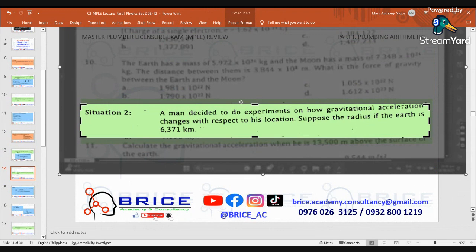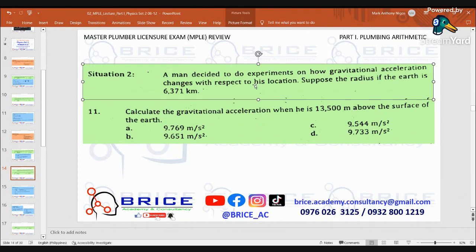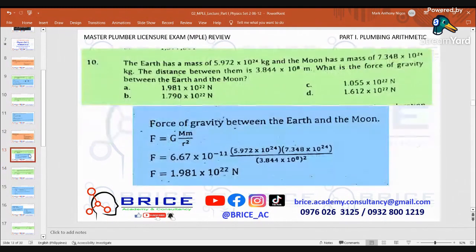A man decided to experiment on how gravitational acceleration changes with respect to his location. Suppose the radius of the Earth is 6,371 kilometers.